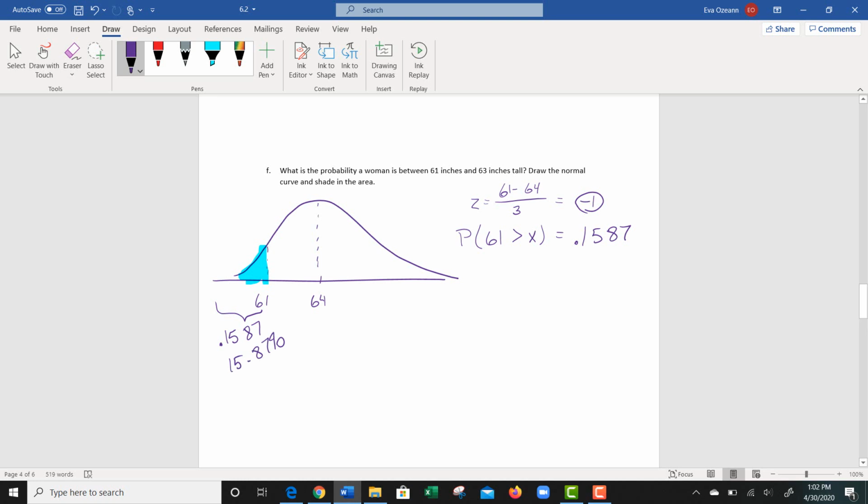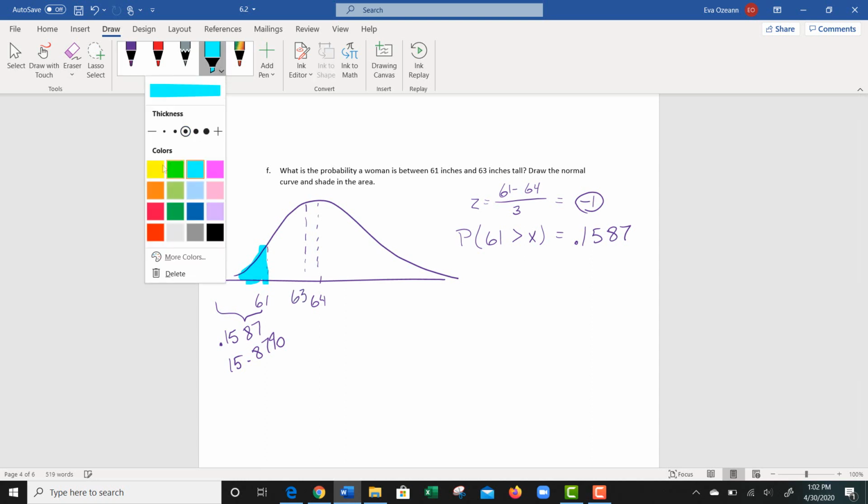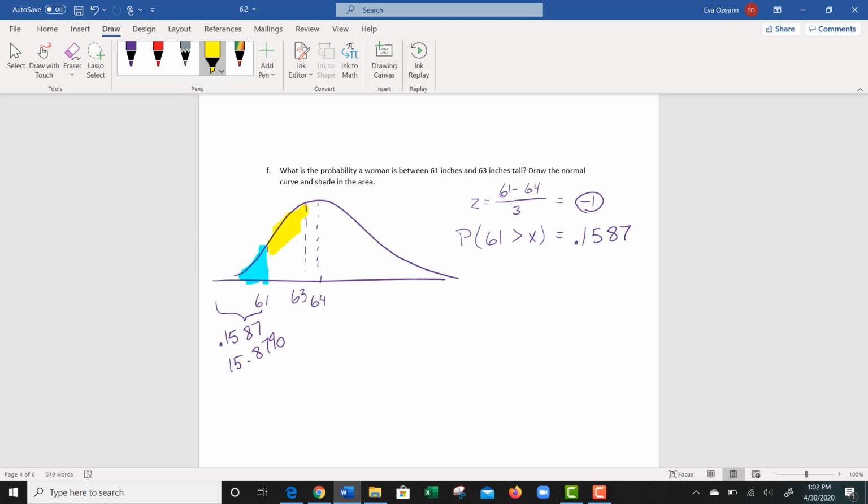Now let's find the probability that somebody is 63 inches or shorter. And let's go ahead and do that in a different color. Let's do that in yellow. Okay, so if I find the probability that somebody is 63 inches or shorter, again, the first step is always finding the z-score. Okay, and that's going to be -0.33. So the probability that somebody is 63 or shorter.